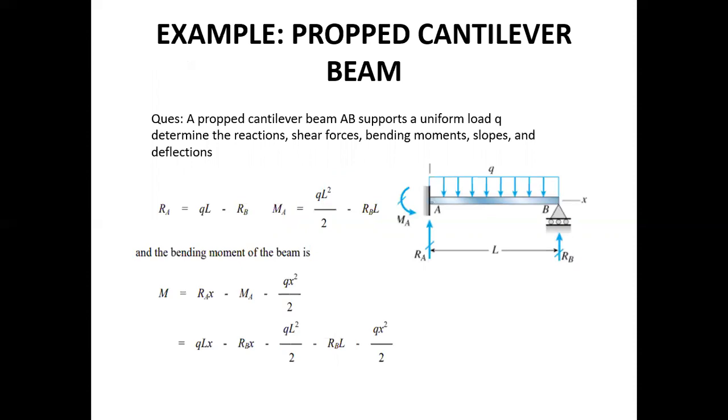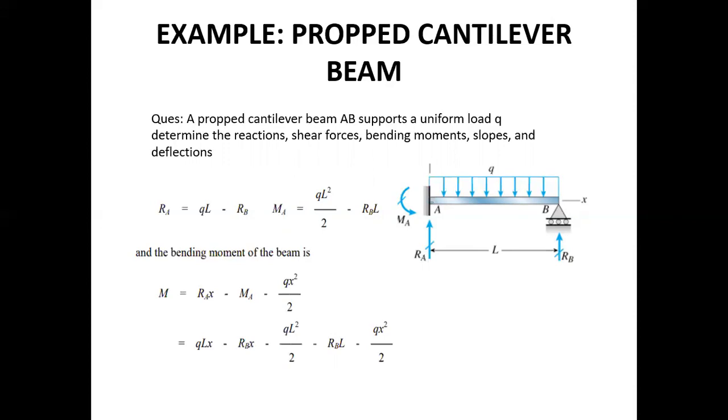First of all, this is a basic example for a propped cantilever beam. In this question we are concerned to determine the reaction, shear forces, bending moment, slope, and deflection for this propped cantilever beam. This propped cantilever beam has one end fixed at A, and the other end is a roller at B. The beam is carrying a UDL of intensity q throughout the beam.